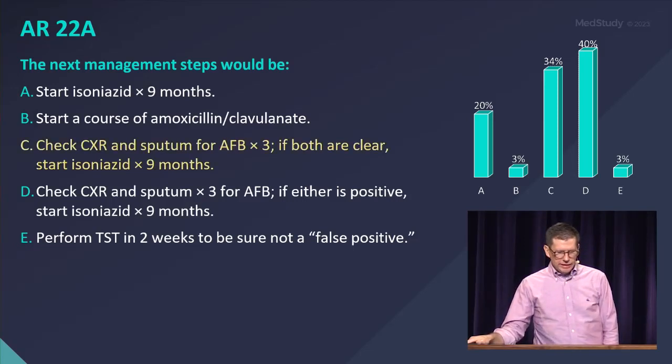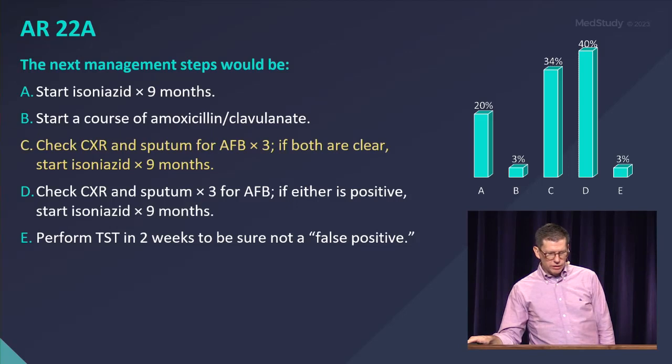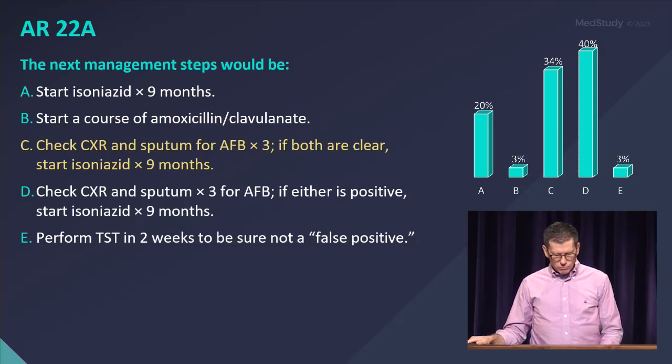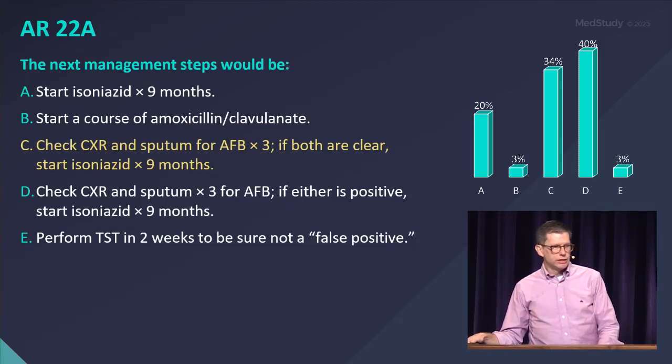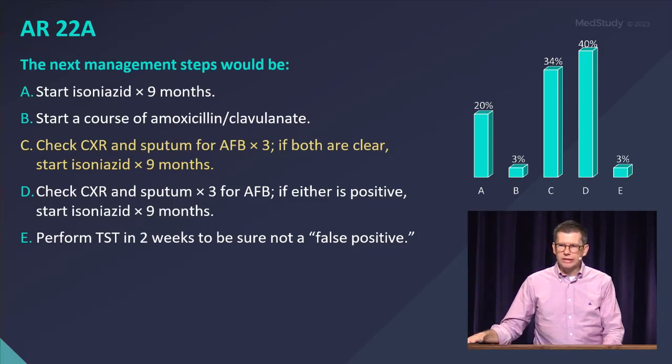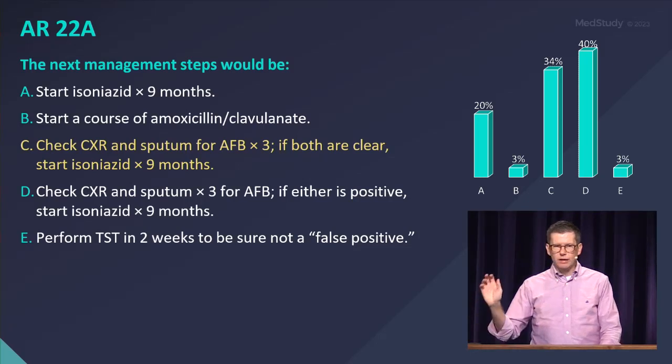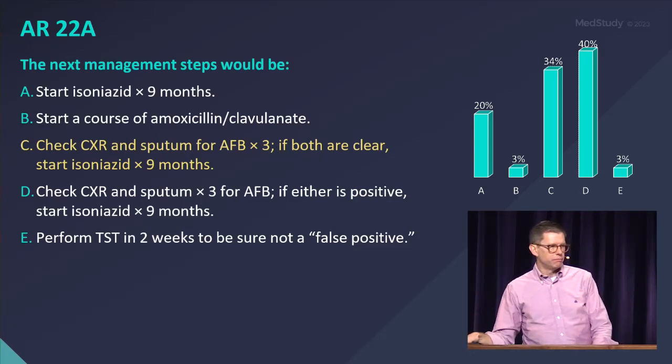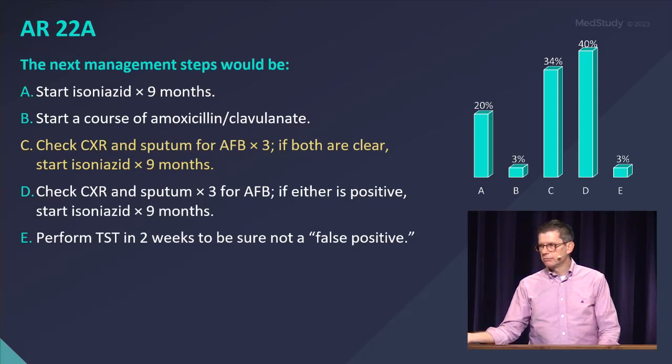All right, so C: x-ray, sputum, and if both are clear, start INH for 9 months. Many of you got that. We'll go through each one. Start INH for 9 months: a few people put that. The key for this one, though, is you need to determine if this kid has a latent TB infection, meaning they have the germs in their body, they have a positive T-spot or QuantiFERON-Gold, but they have no signs, no symptoms, and no abnormal chest x-ray.